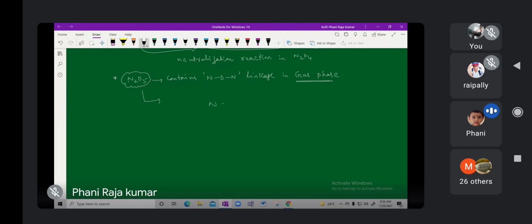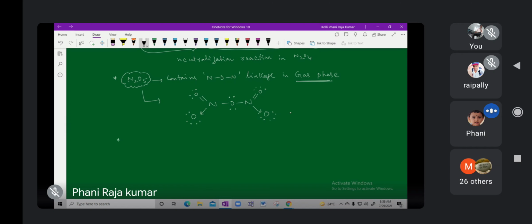So nitrogen, oxygen, nitrogen, with double bond O, double bond O, and singly bonded O, singly bonded O. Number of lone pairs in all these oxides of nitrogen: single bond O, 2 lone pairs, double bond O, 2 lone pairs, singly bonded O, 3 lone pairs.